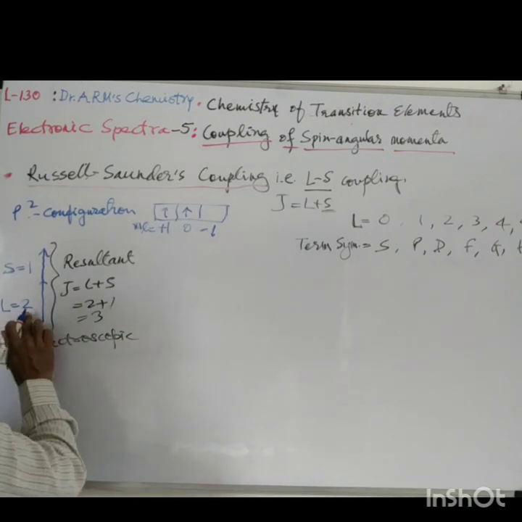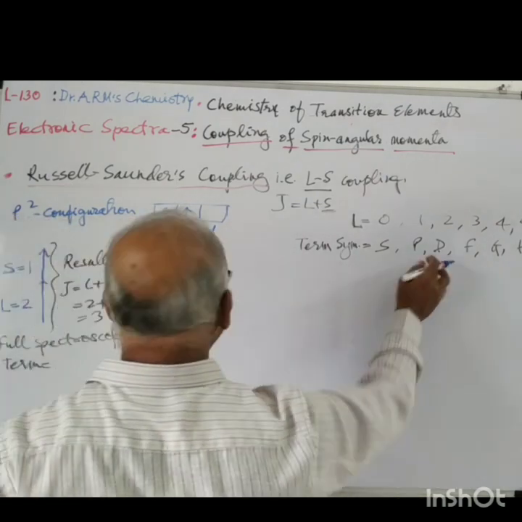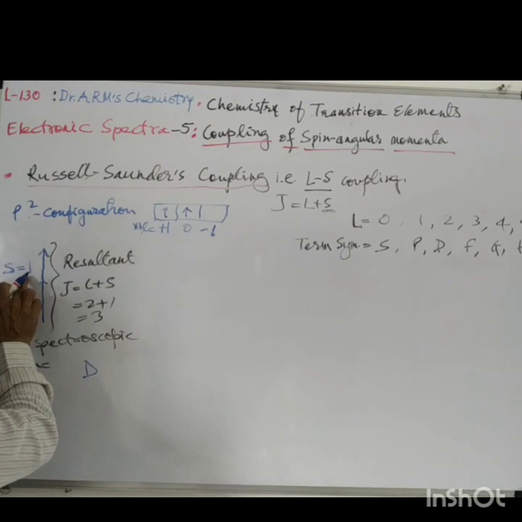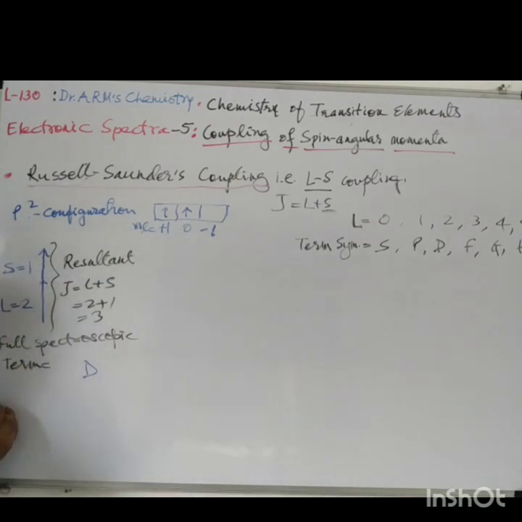So using this we can have the spectroscopic term like this. For L is equal to 2 we have D, the term is D, and the spin multiplicity we can calculate as 2S plus 1.